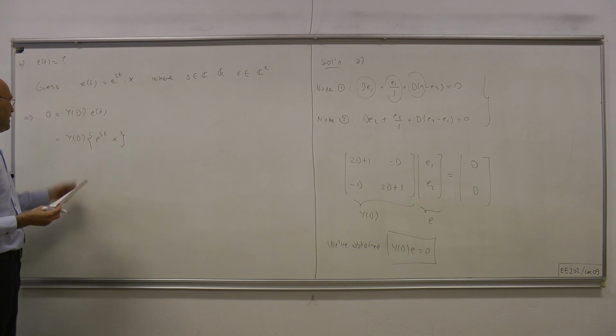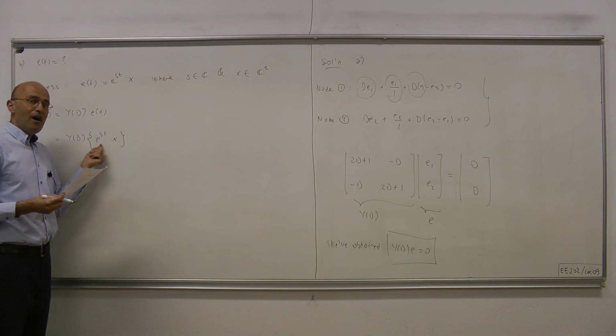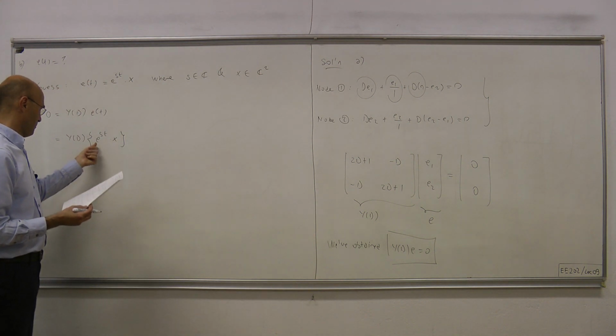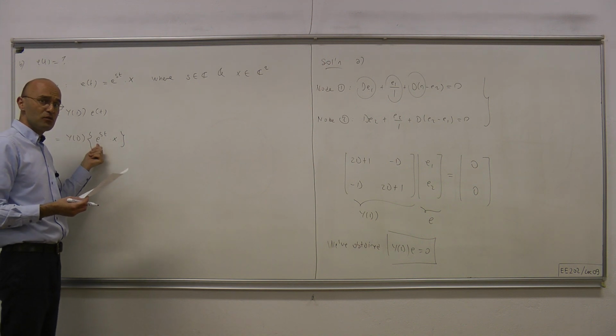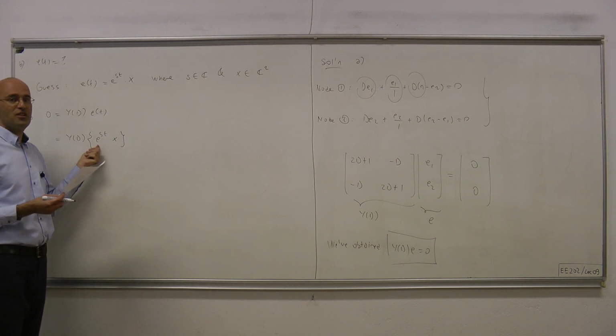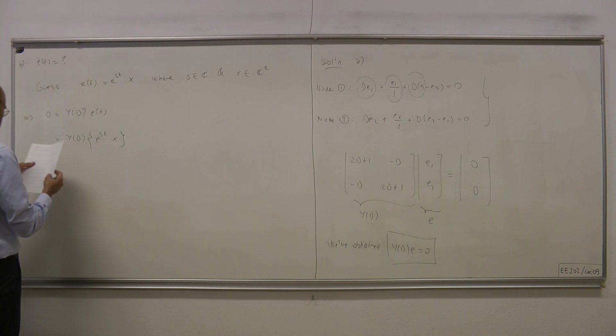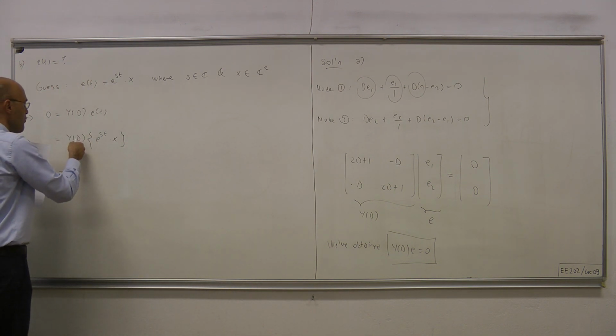Now, the nice thing about working with an exponential function under differentiation is that it's very easy to take the time derivative of e to the st. It's simply multiplying by s. Therefore, this can be written as y of s.